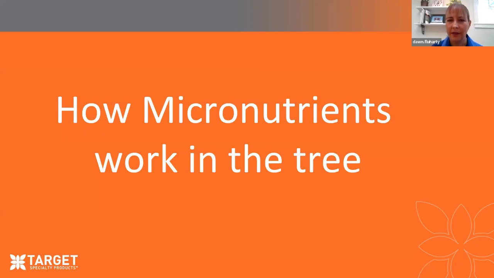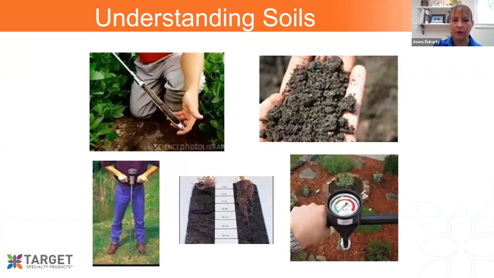So the one thing that we have to talk about a little bit is micronutrients, because micronutrients are also a part of the defense compounds. So we put phosphorus into the tree and we say, trigger your defense compounds. And it's like, yes, all right. And then all of a sudden nothing happens. Maybe get a tiny flush of growth, but we're not eliminating that fungal infection we're going after.